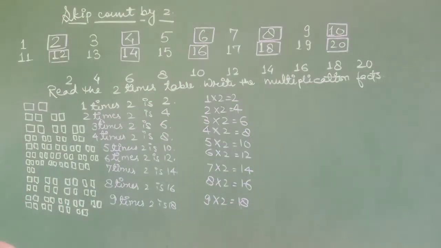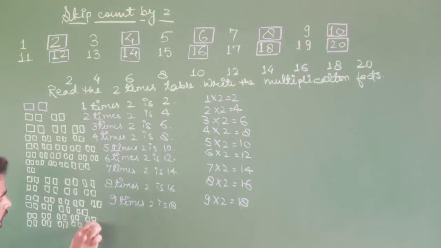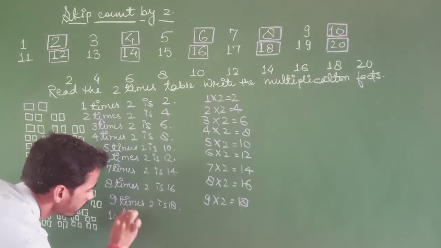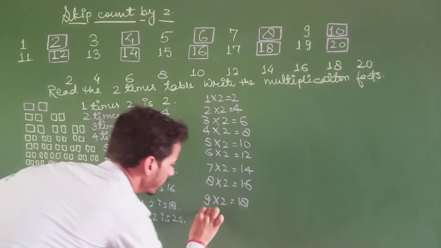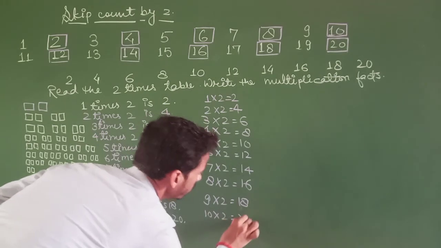And 10 times 2 is 20, the multiplication fact will be 10 multiplied by 2 is equal to 20.